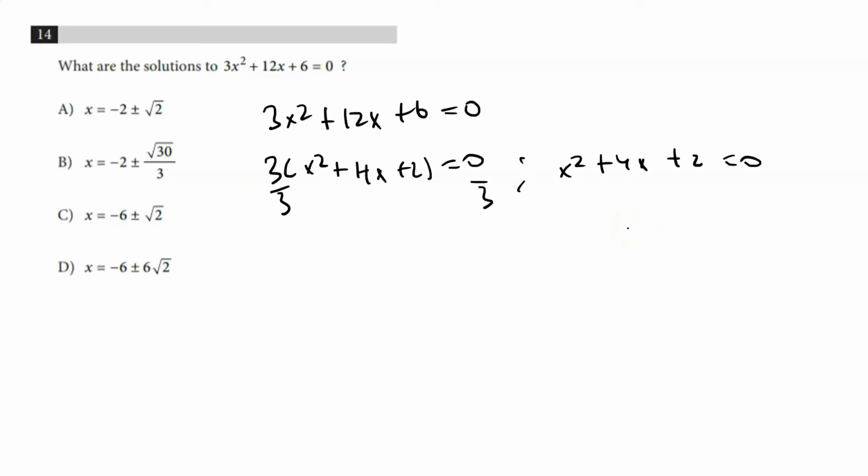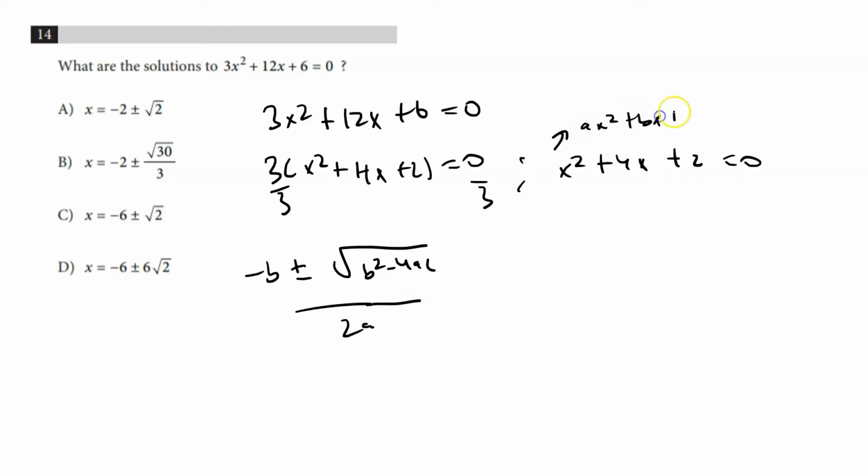So we're going to need to use the quadratic equation, which says negative b plus or minus the square root of b squared minus 4ac all over 2a gives us our solutions, where this is for an equation of the form ax squared plus bx plus c. Each of the values in our equation correspond to this, so a equals 1, b equals 4, and c equals 2.